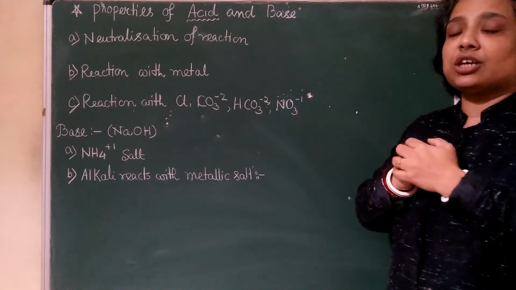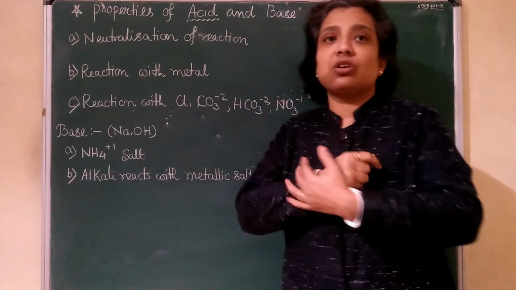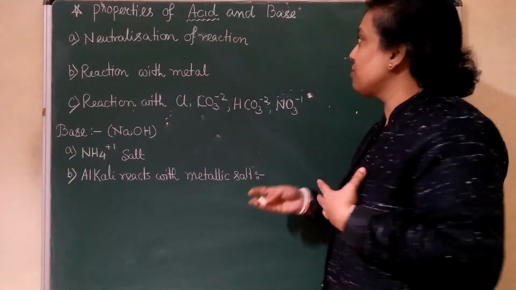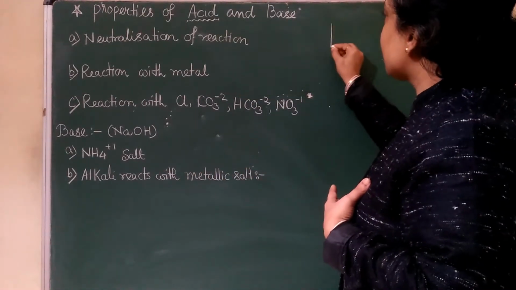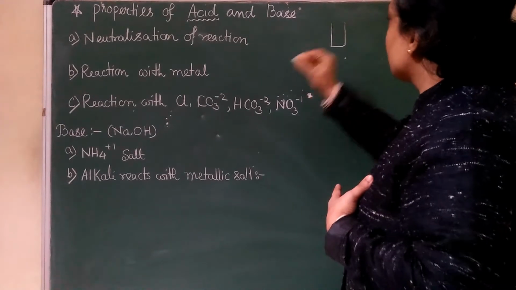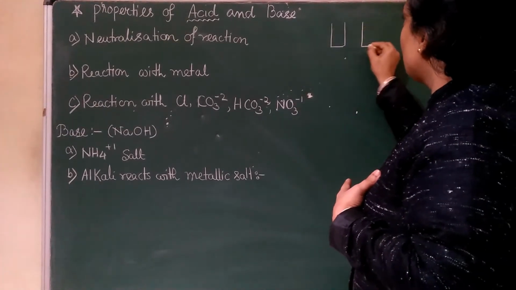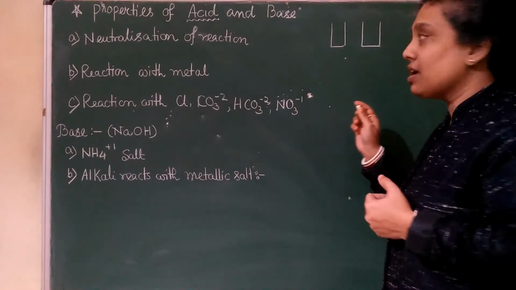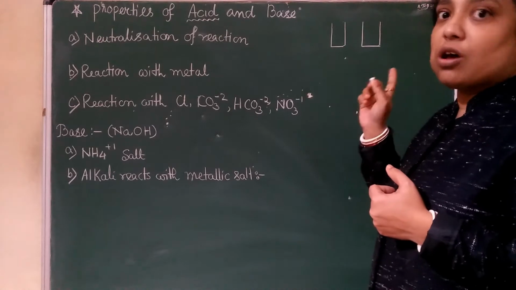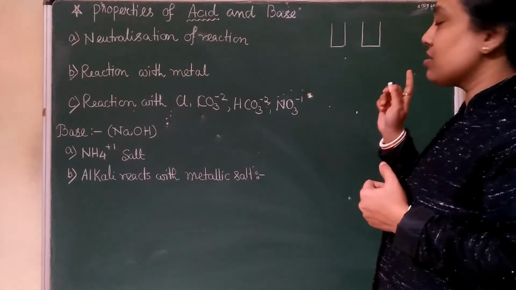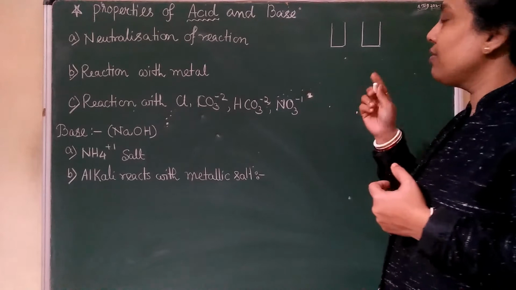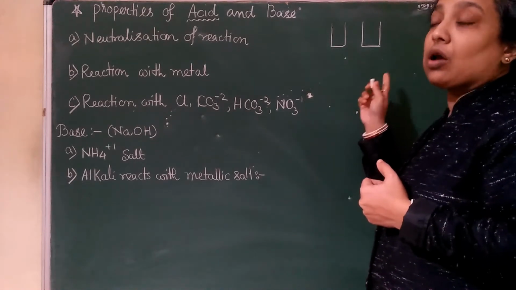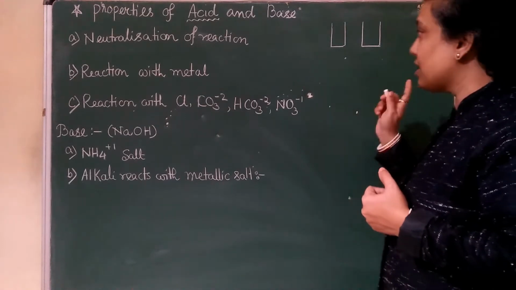So now the first reaction, a very common reaction you have studied, is the neutralization reaction. Suppose an acid solution is given to you, and you don't know that the other is a base solution. Two solutions are given, and the concentration of one, the acid, is known. How will you identify the concentration of the other solution?